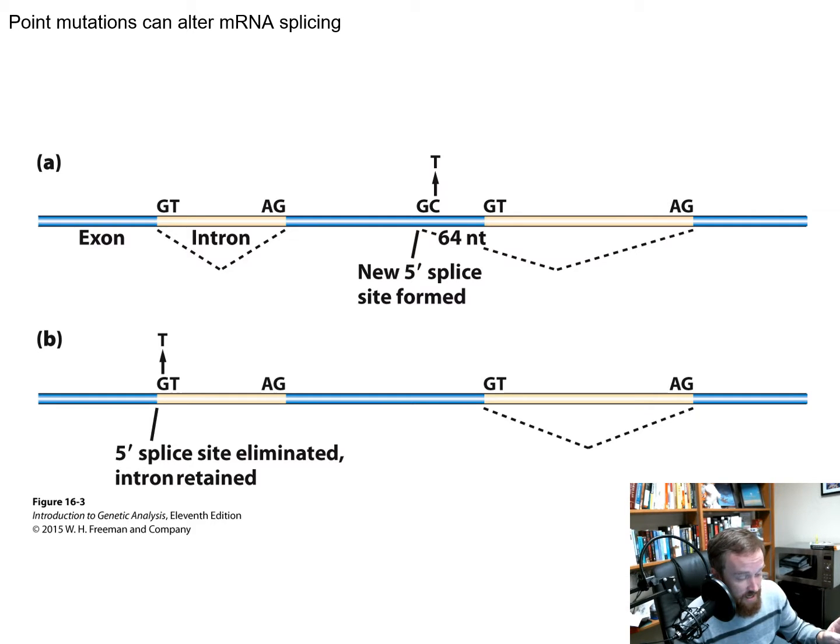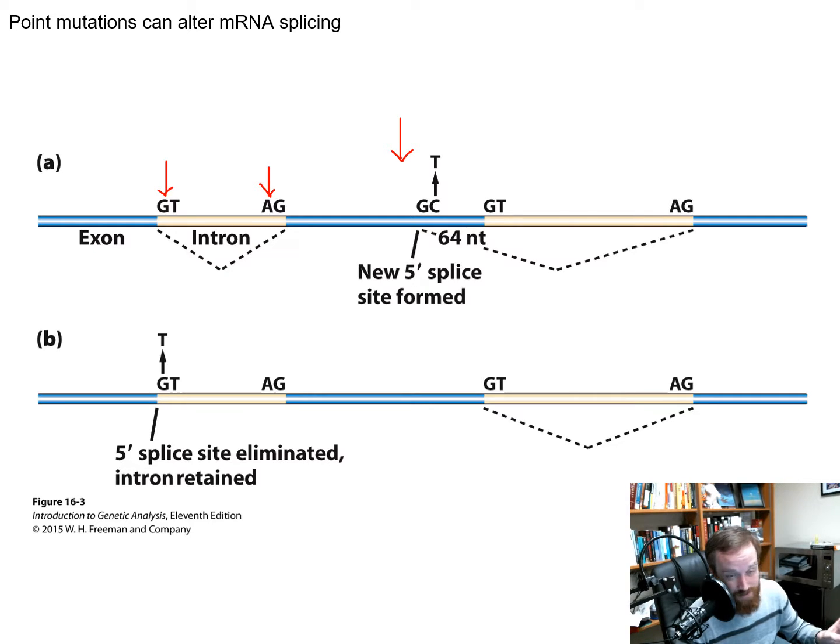So if we end up having a point mutation at one of these nucleotides, or conversely on the first boundary here, or on that conserved A branch point site, those are the three spots that were really important for the spliceosome to recognize where to splice out introns.